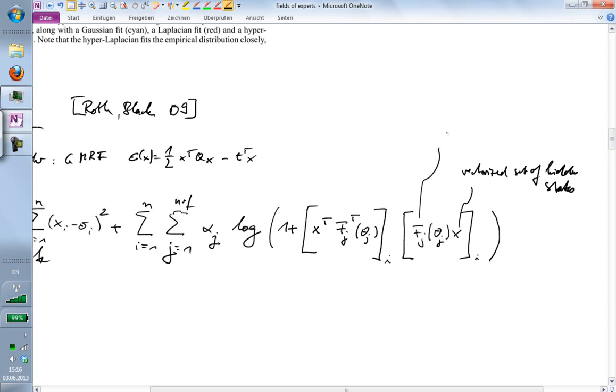Then each f is some filter, here some convolution filter, written as a matrix. So written as a circulant matrix if the boundary conditions are set accordingly. And actually it makes sense to use periodic boundary conditions. And I will say in a moment what these filters are.